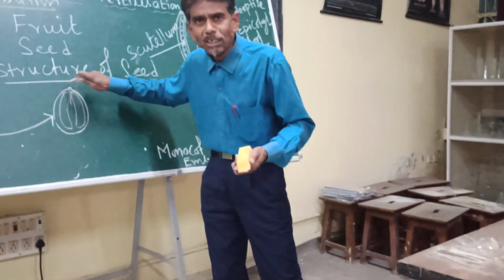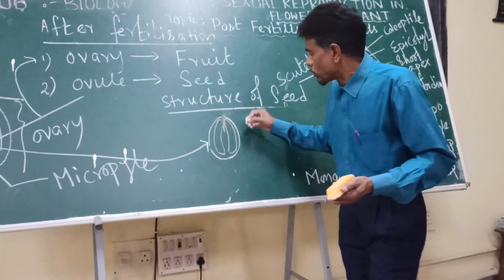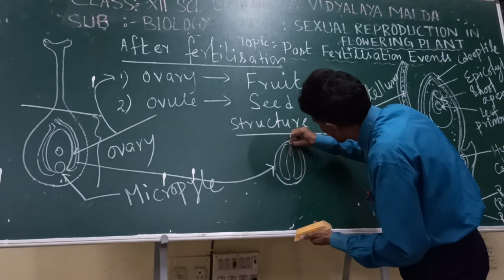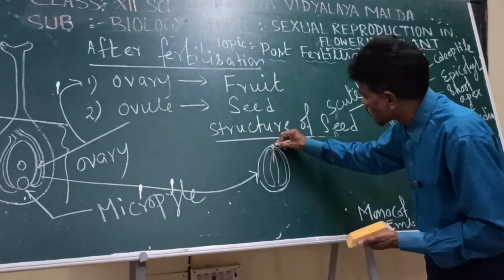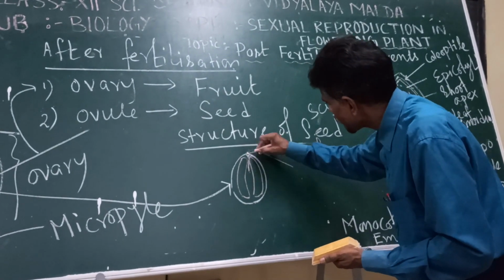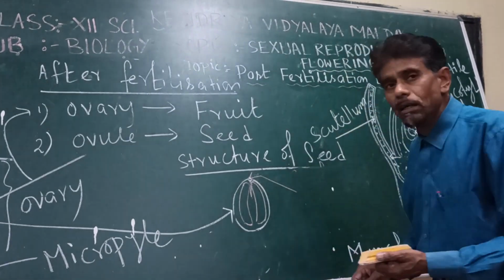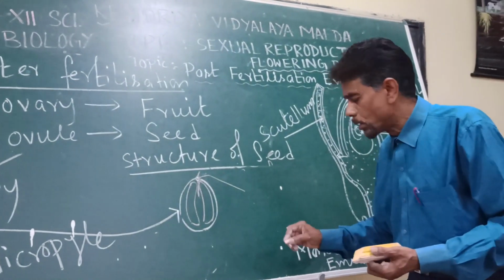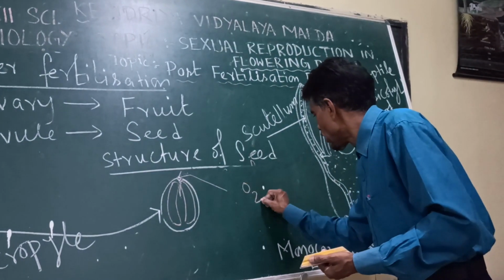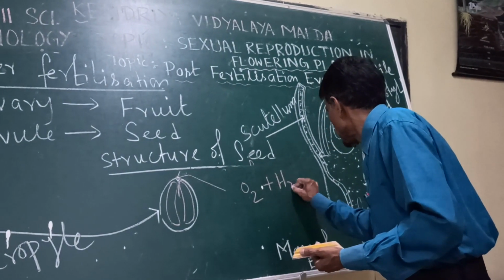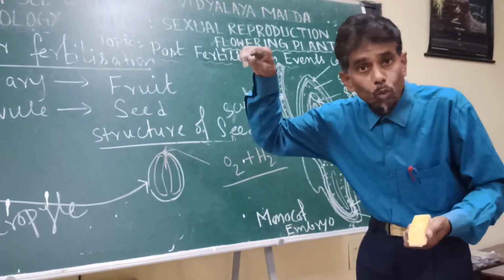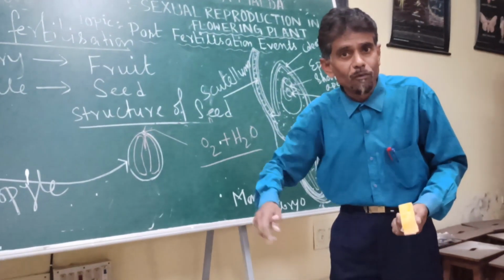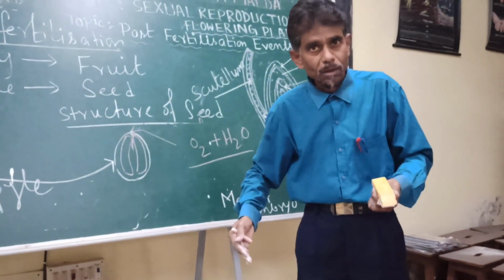What is the function of this opening or aperture? It is through this small notch-like aperture present in the seed covering, seed coat, oxygen and water enter into the seed. This is what is very much required for seed germination.